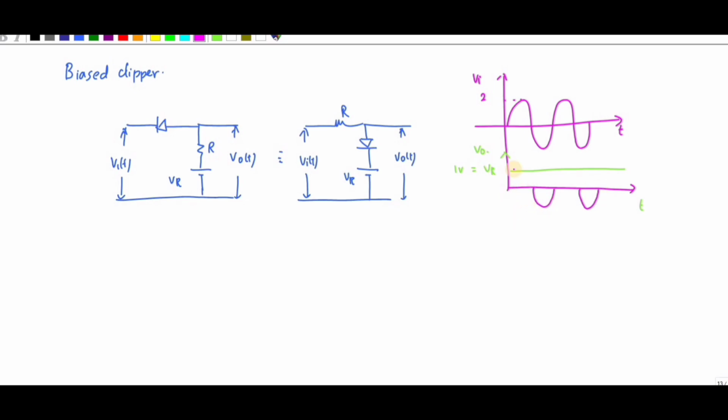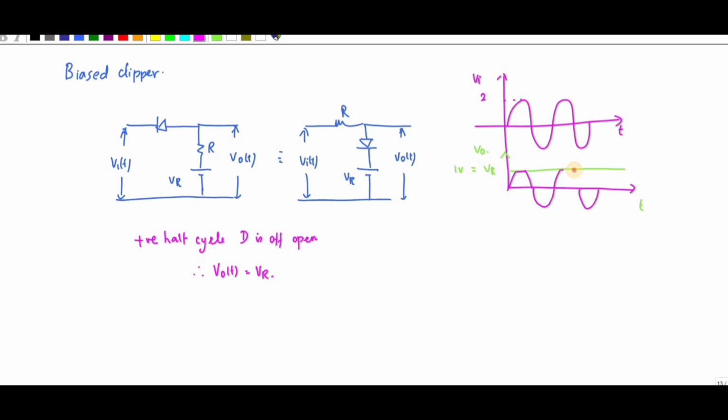So instead of clipping the whole portion, during the positive off cycle, what happens? The diode is off, right? So it is open. Therefore, my V0 of t is equal to VR. So during the positive cycle, my output is VR.